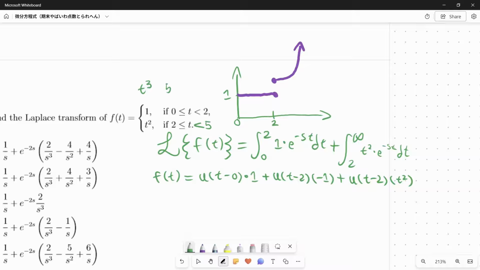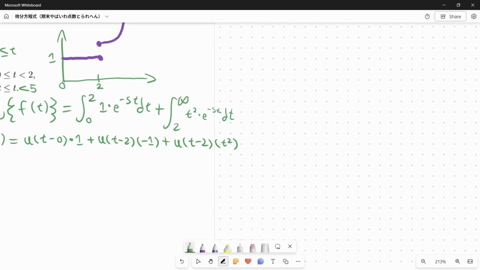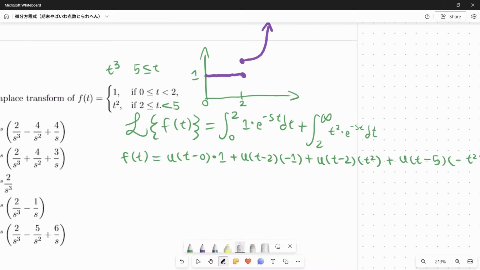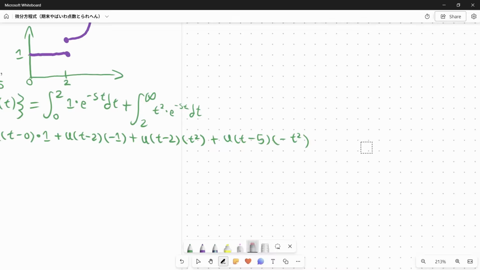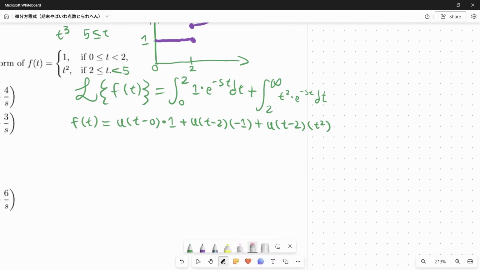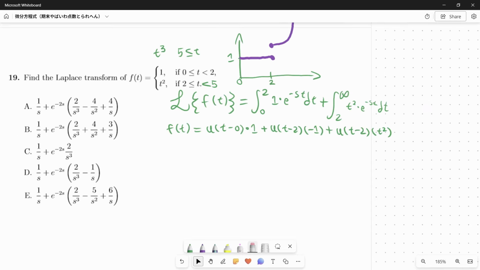Then, to represent this turning off, I'd use a negative t squared. So we'd end up with u of t minus 5 times negative t squared, and then this interval would turn on. And so that's the way unit step functions work when you're mashing up your piecewise function into one big function.